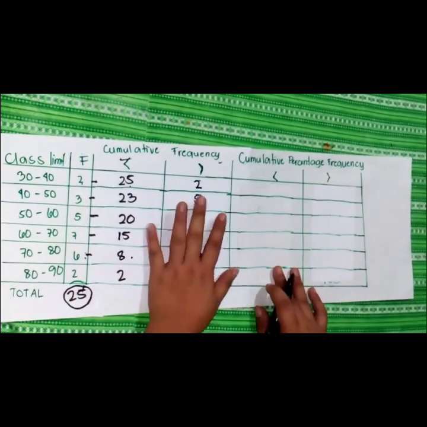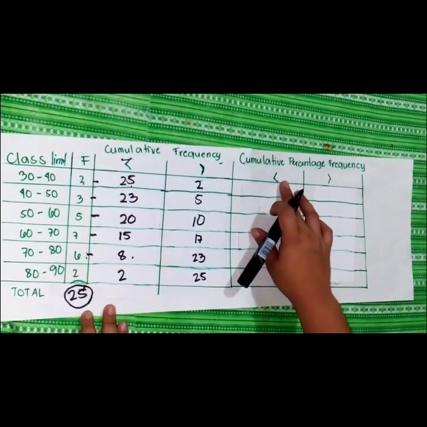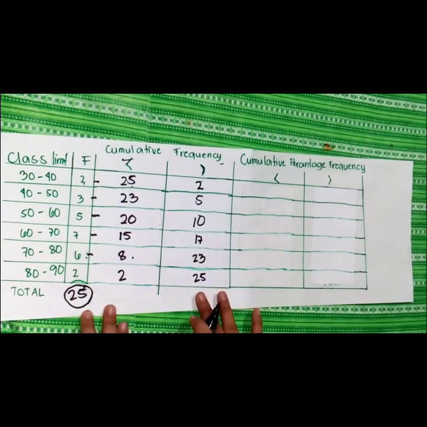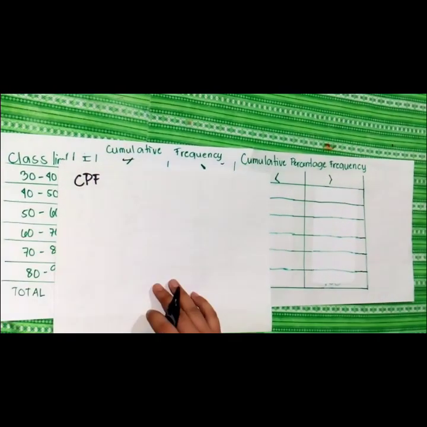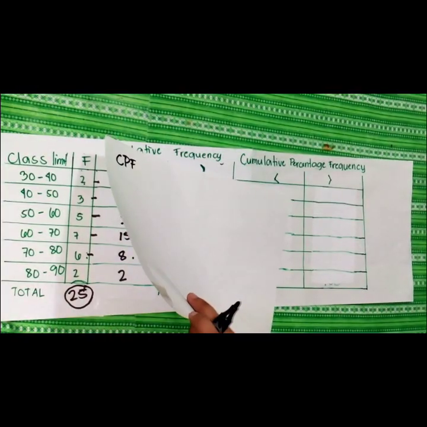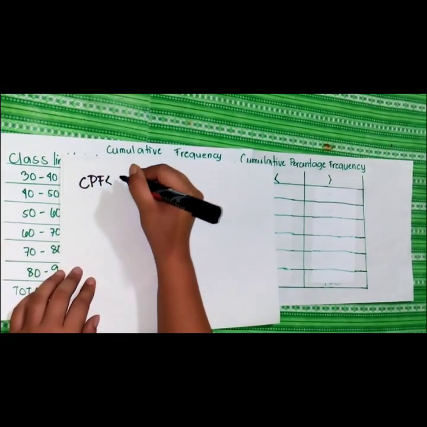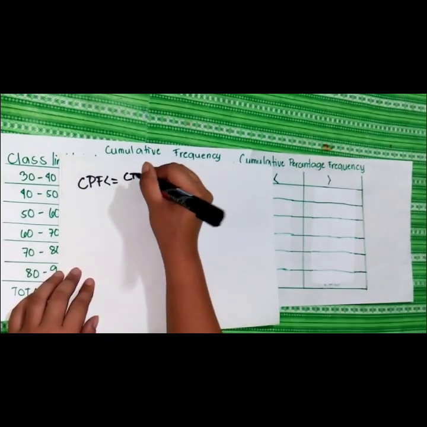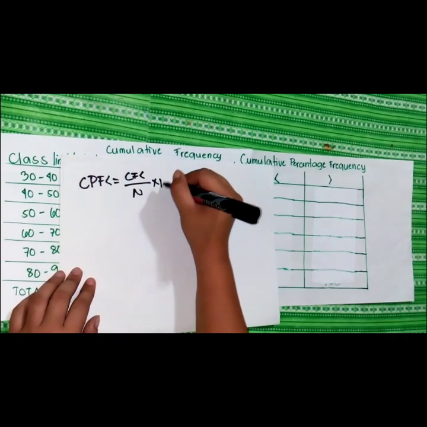Now we will find how to compute the cumulative percentage frequency lesser than. But before that, we have a formula: CPF lesser than equals CF lesser than over the number of cases times 100.